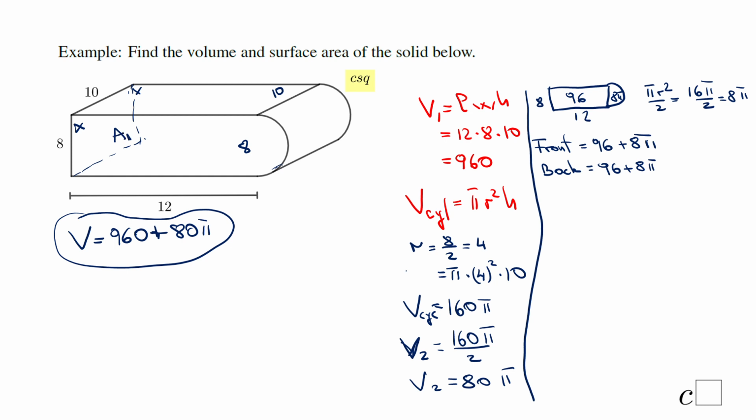Let's go like that. And that will be 8 by 10. So 8 times 10. And that will be 80. And then we have bottom and top. This top, you can see it is 10 by 12. Let's say top 10 times 12, 120. But don't forget, we have the bottom, the same thing.